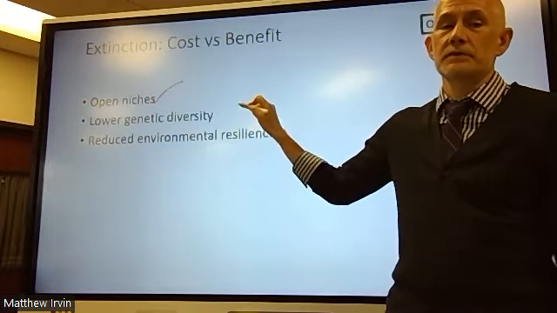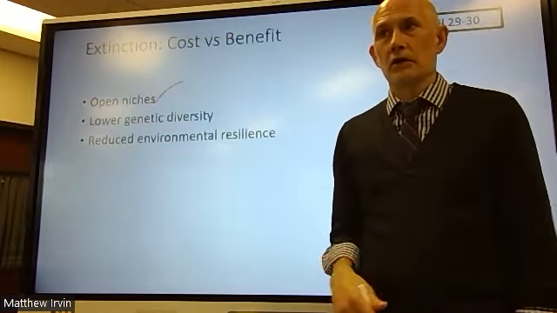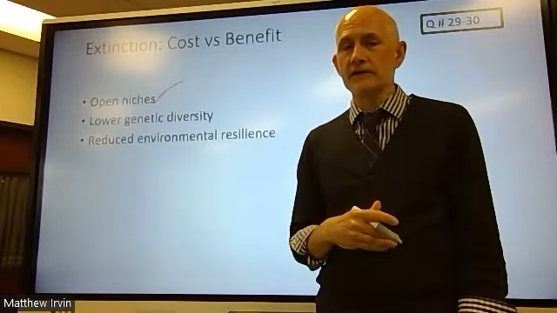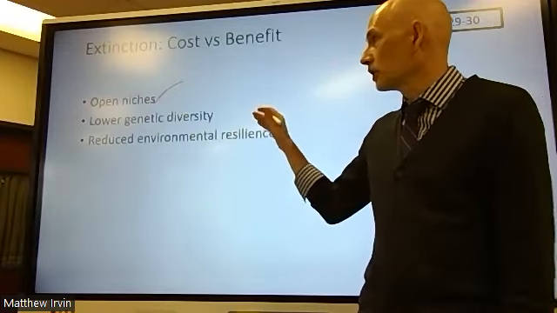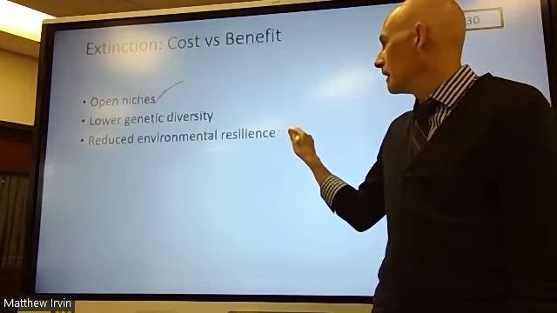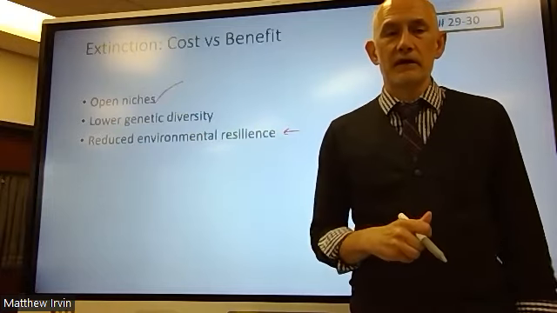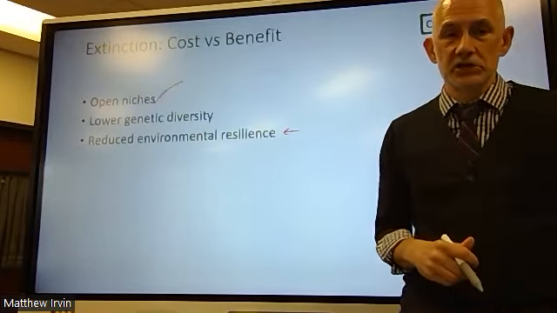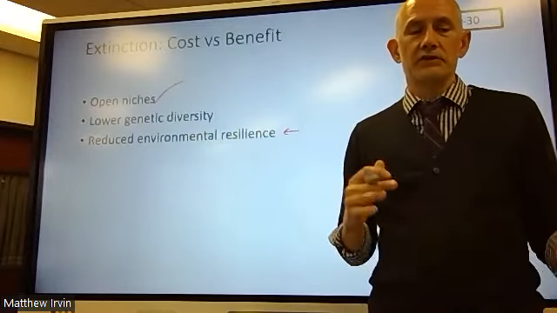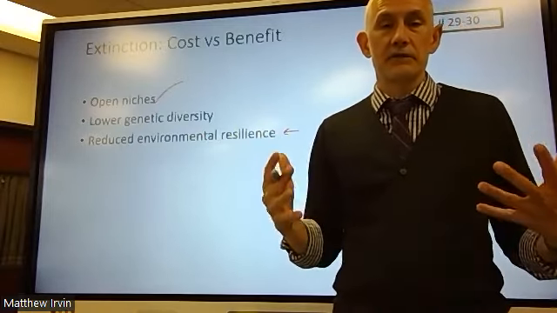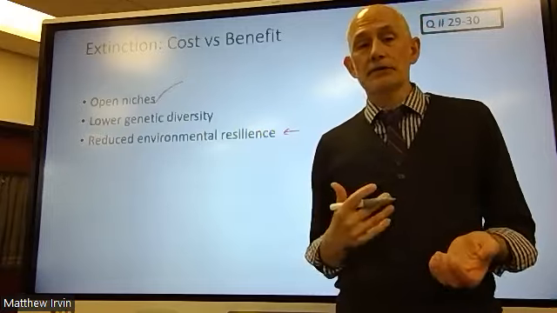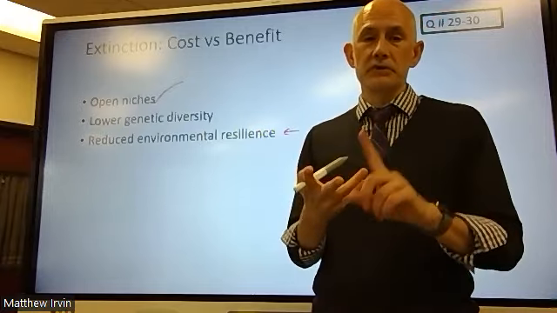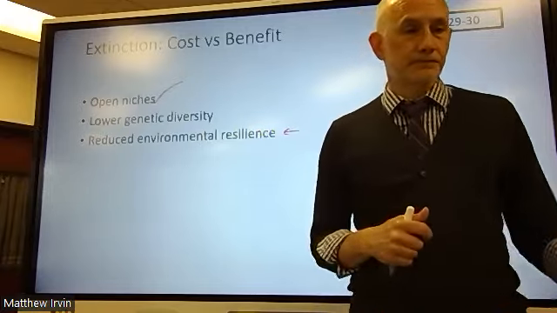So if you have fewer species in a community, going back to Simpson's diversity index, you have a lower genetic diversity, and that reduces that environment's genetic resistance to change, because you have fewer things to fill niches and do those ecological roles of producer, consumer, decomposer, etc.